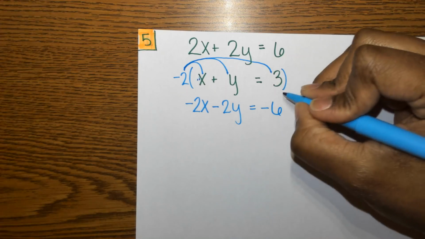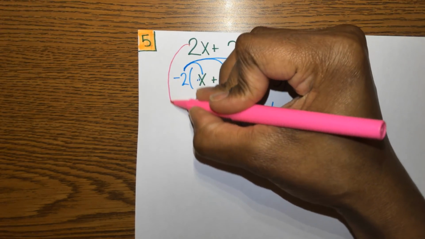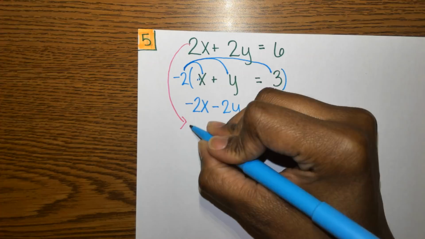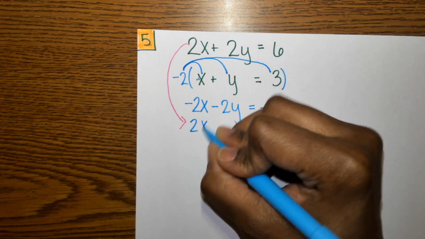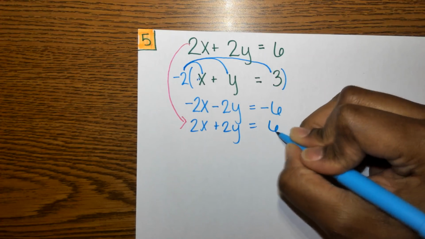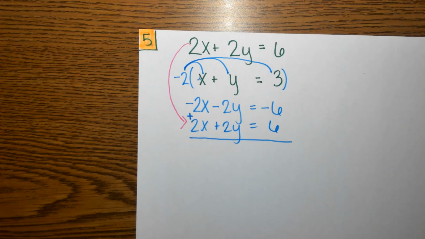So I've got my original equation that's still there. So I'm going to bring that down so that it's easier to see what I'm doing here. So I'm going to rewrite that where I have 2x plus 2y equals 6. So these are the two equations that I'm going to add together.